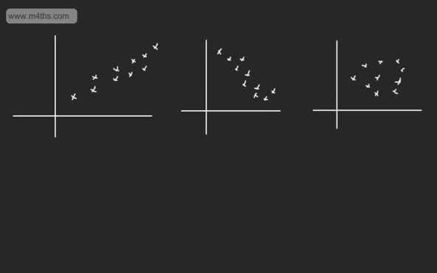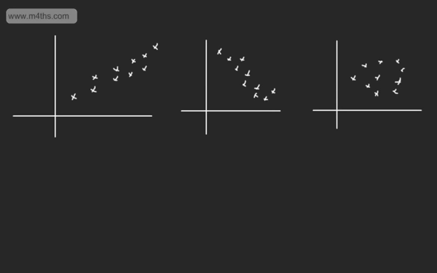The value of R goes from negative 1 to positive 1. If it's negative 1, we have perfect negative correlation. If it's positive 1, we have perfect positive correlation. If it's 0, we have no linear correlation. And everything in between gives us some form of weak positive, strong positive, and so on.